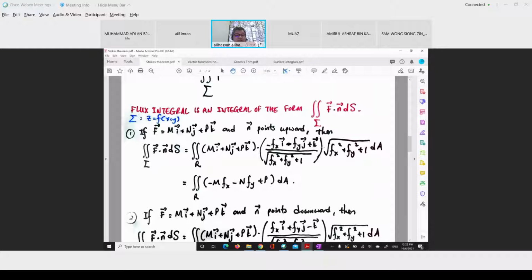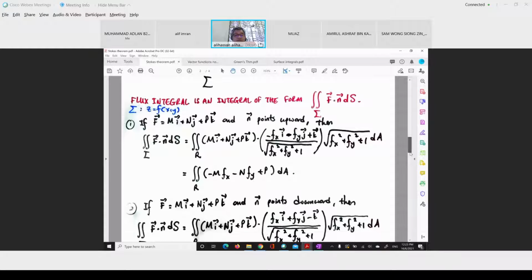You multiply component by component, and then add them up. So we have M times minus f partial x, so we get minus M f partial x. Next, we multiply N with minus f partial y, so we get minus N f partial y. And lastly, we multiply P with 1, so we get P.